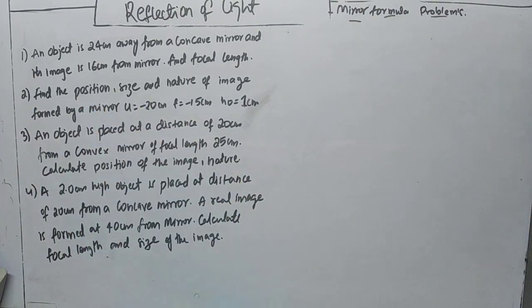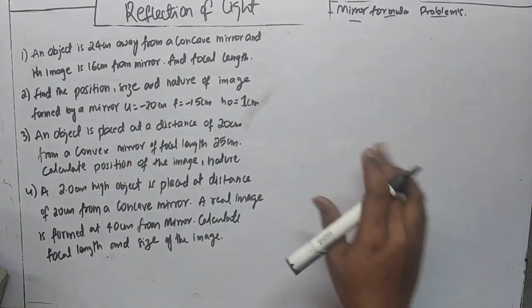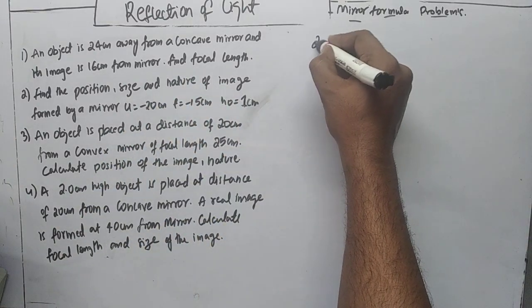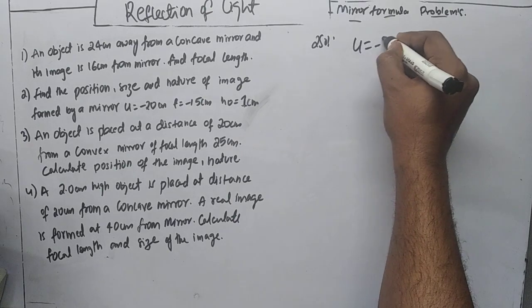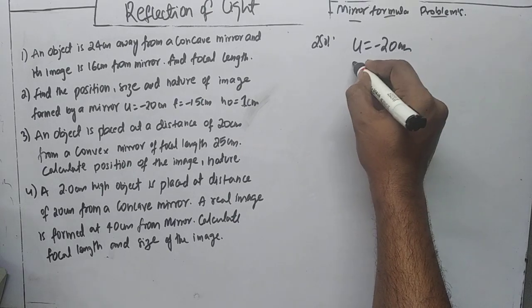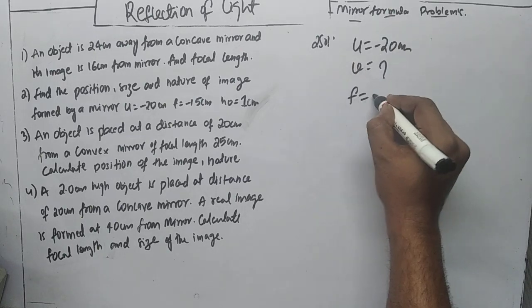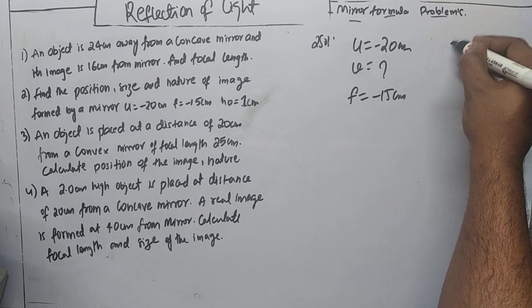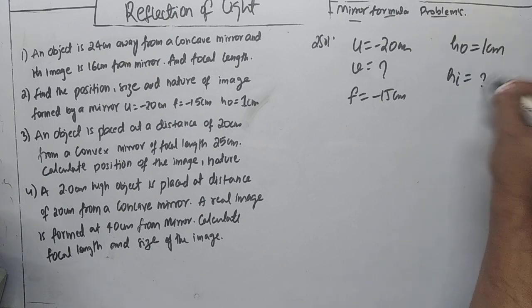Second question: find the position, size and nature of the image formed by the mirror. The values u, f and h naught are given, so write those only. Second solution: given u is minus 20, v we have to find, f is minus 15, the height of the object is 1 centimeter, and the height of the image we have to find.